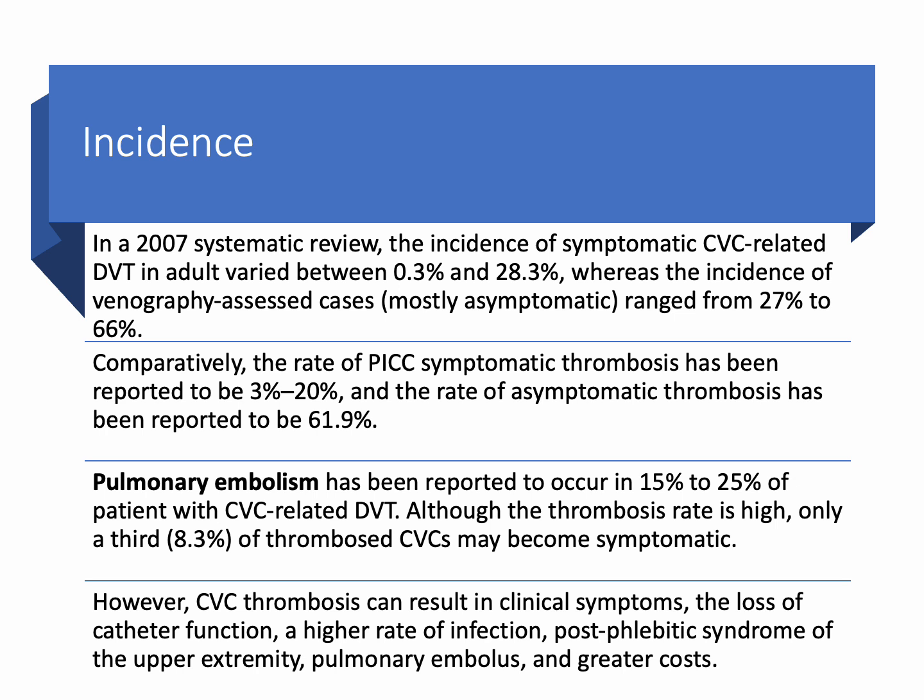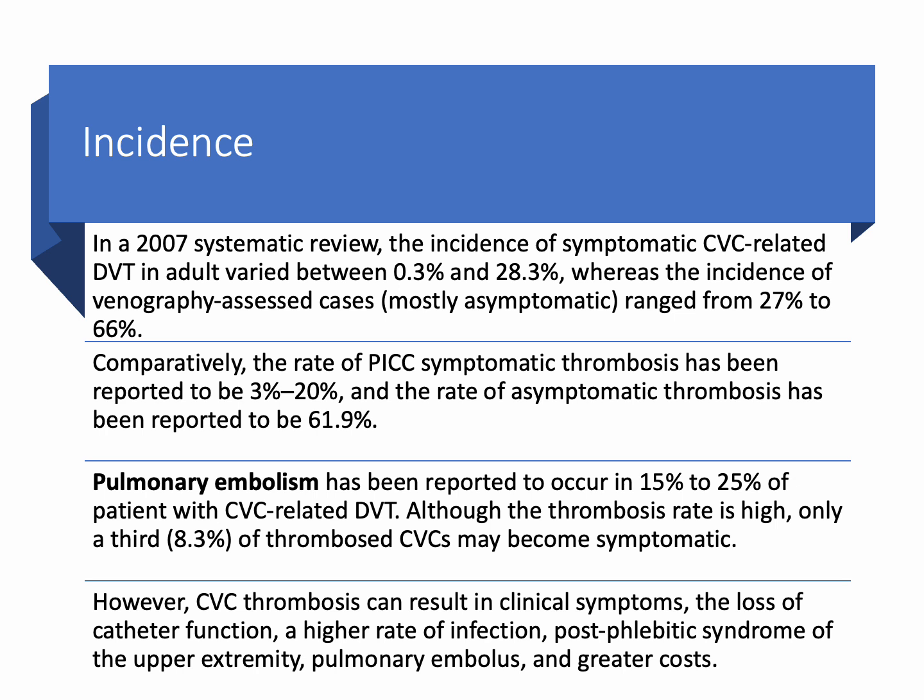So when we review some of the incidence reporting from a number of publications, there was a 2007 systematic review that looked at the incidence of symptomatic CVC-related DVT in adults and reported that it varied between 0.3 and 28%, whereas the incidence of venography-based cases that were assessed looking specifically at asymptomatic DVT, that the ranges were from 27 to 66%, significantly different.